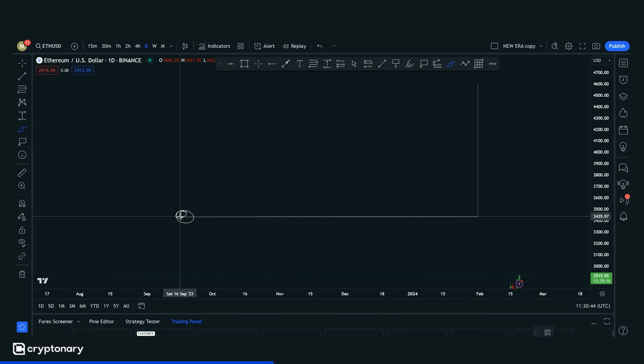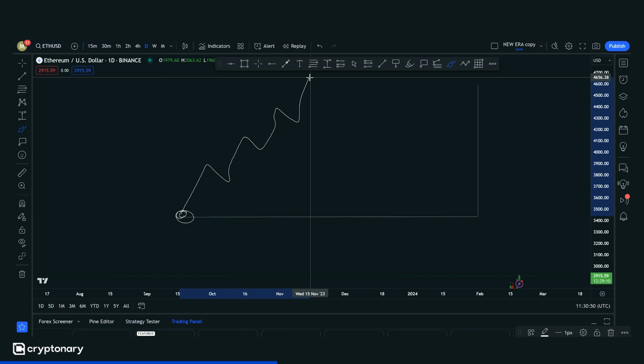Sometimes the market will go up, and up, and up, and then eventually there has to be a change. Something may happen and the market may begin to flip and trade lower.